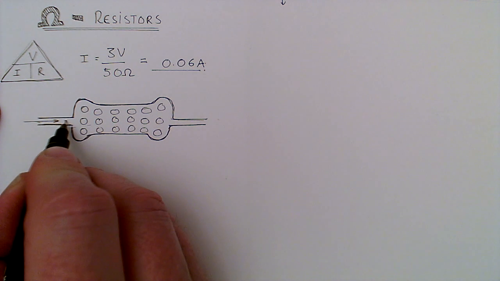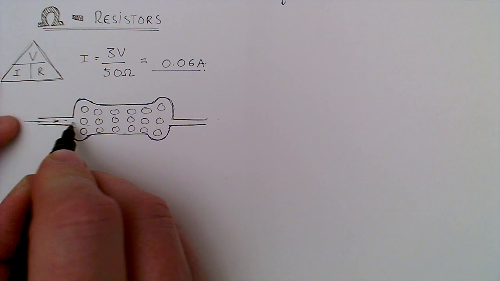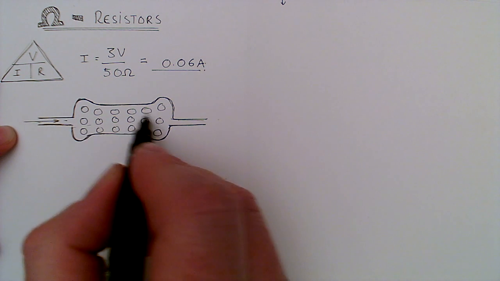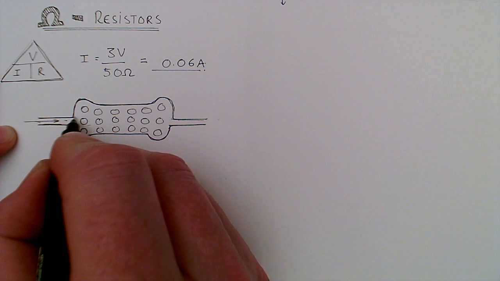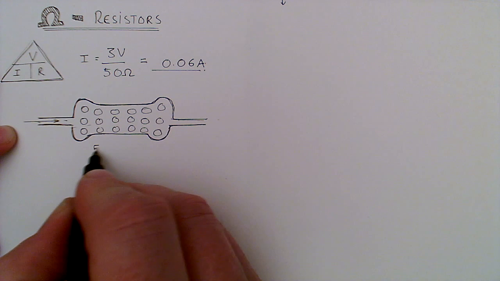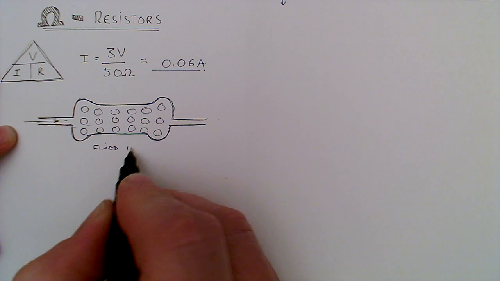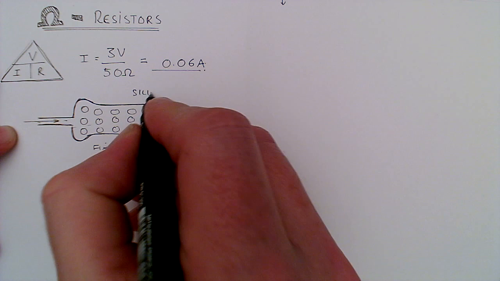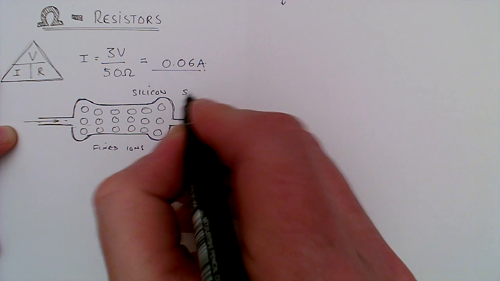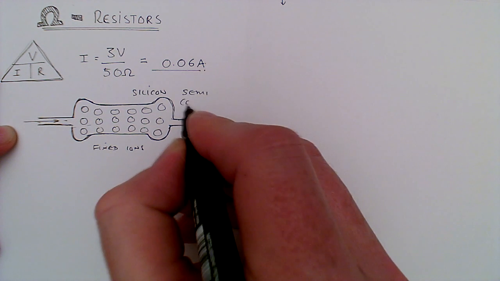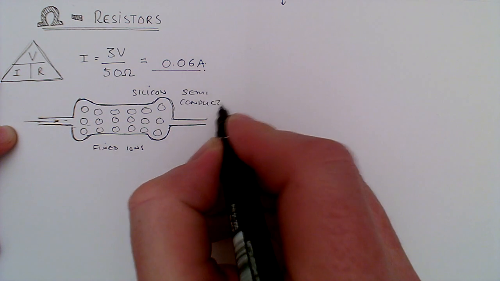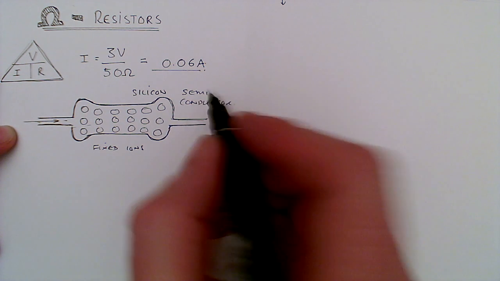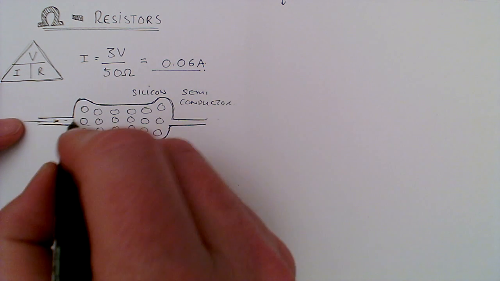Unlike the copper that has free electrons, and therefore there's plenty of electrons to shift across, here you've got your fixed ions, not all of which are conductive. It's a semiconductor, so it's going to be full of silicon. Semi meaning half conductor, half insulator.